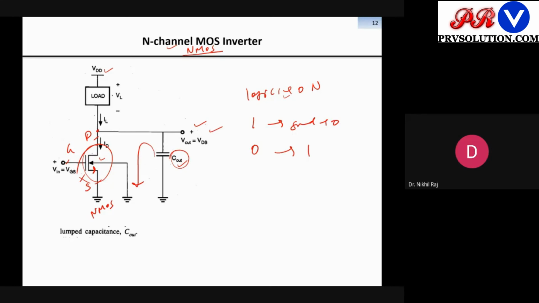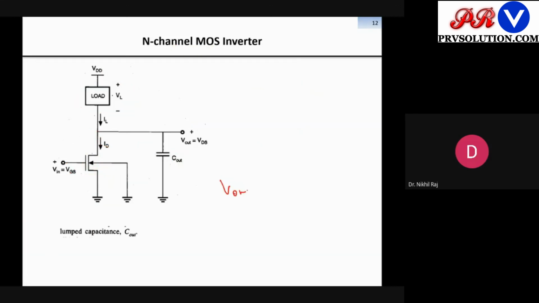Now the question comes, what about this part? If I want my Vout to be equal to VDD, what will happen here? If I write the complete loop equation, VDD minus VL minus Vout equals 0.